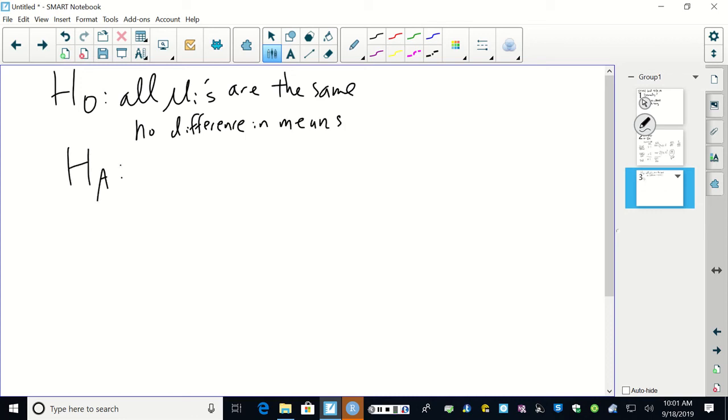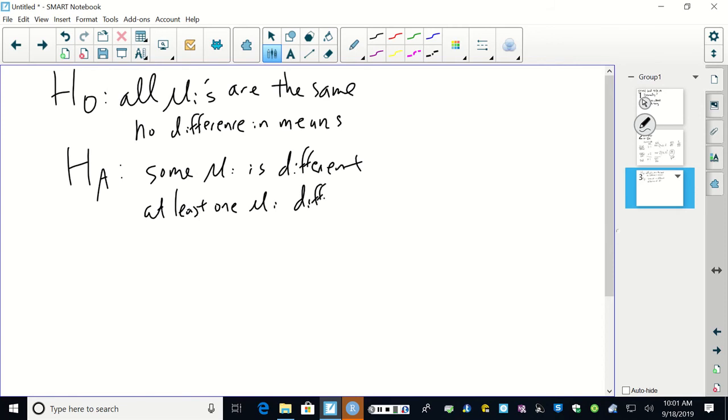The alternative hypothesis can be that some mu sub i is different. You might phrase it as at least one mu sub i is different. They might all be different from each other, or like in the case of the trials, we're interested in whether the judge Spock is different from the rest? But they could be arbitrarily different.